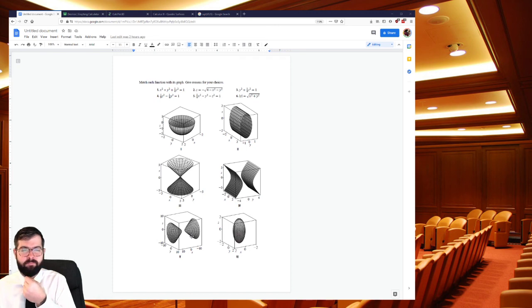Since x is the positive value, we know that x has to be the axis that it's on, if we think of it going through the points of our sheets.